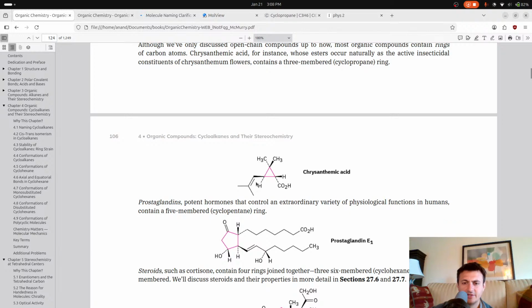We haven't learned how to name any of the double bond stuff, but I'm going to guess it's going to be like 1-ene, 2-methyl propane, and this could be the first group, maybe, because this is going to be 1,1-dimethyl cyclopropane. This, oic acid. Wait, how do you do that? Oh, that's weird, because we have a carboxylic acid here. I don't know how you do it when it's in the middle.